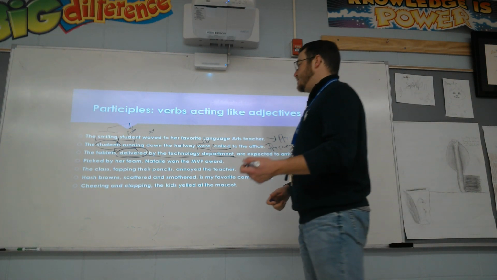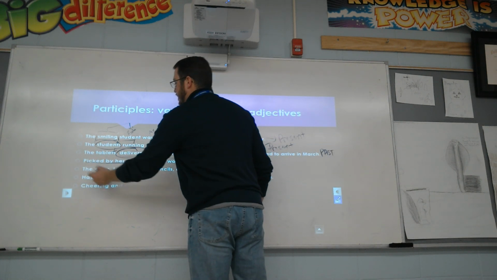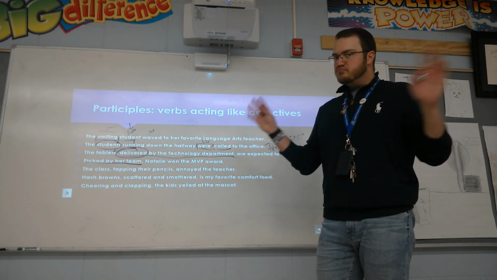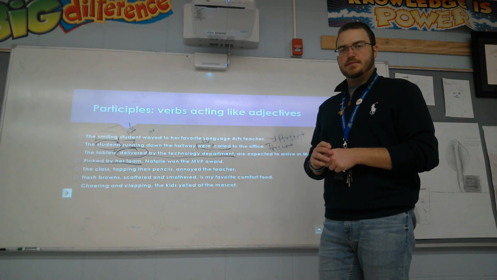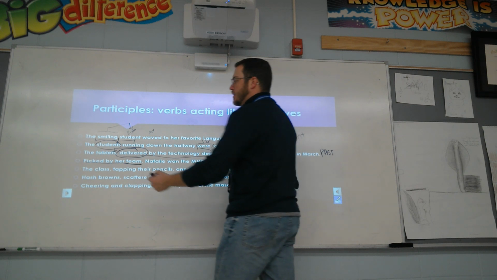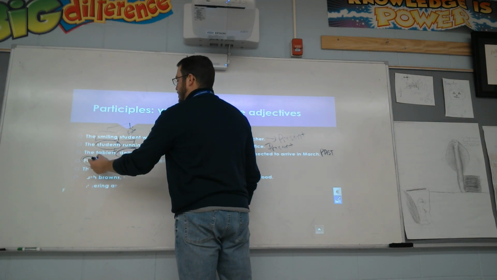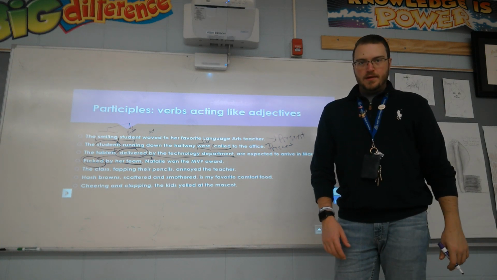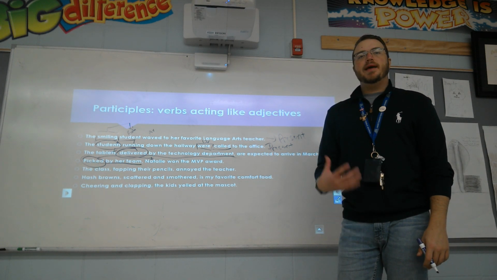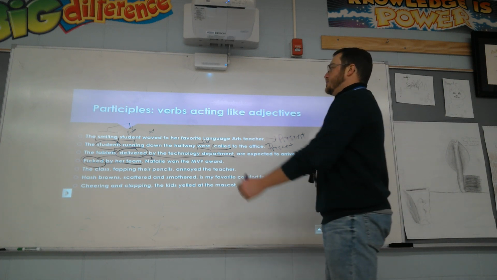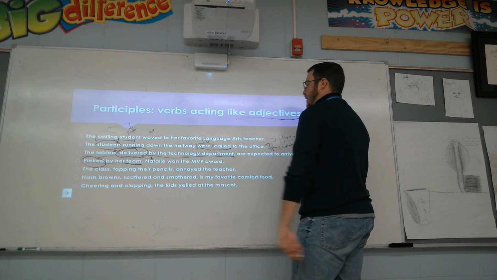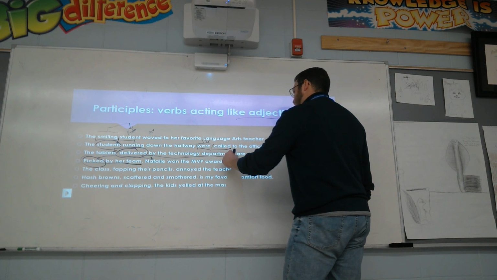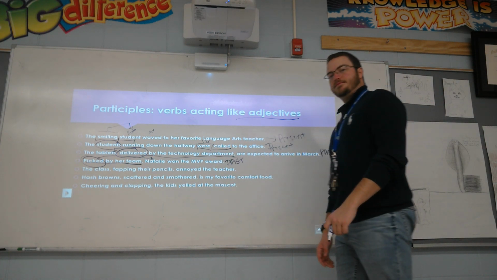Picked by her team, Natalie won the award. Again, this is extra information. Natalie won the MVP award is 100% a complete sentence. But we want to be more specific, and we want to tell them that she was picked by her team. So this is describing Natalie. When you add information and make things more specific, especially when you're talking about nouns, this is another past participle phrase.